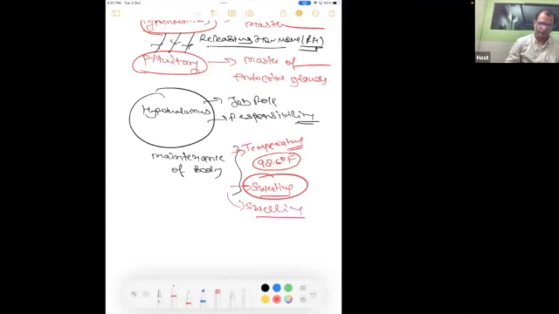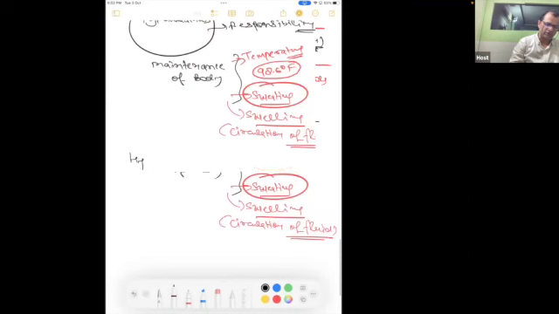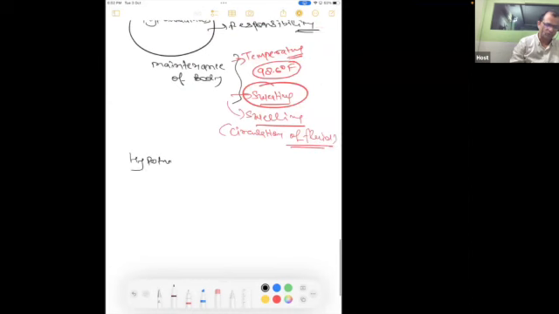So in this way, because hypothalamus is doing circulation of fluid, in this way the hypothalamus is, I can tell in one word, hypothalamus is responsible for homeostasis. What is homeostasis? Keeping everything in the normal limit, that is called homeostasis.